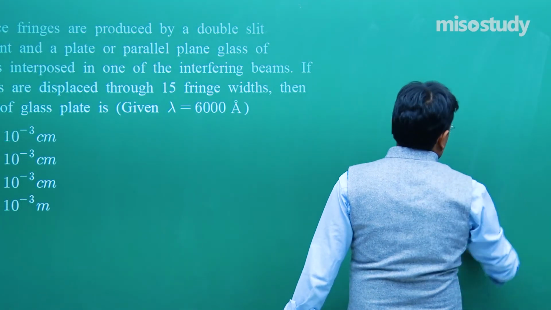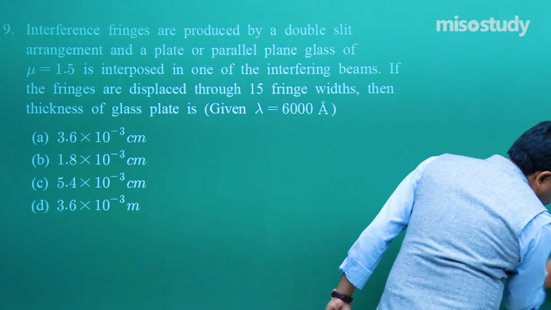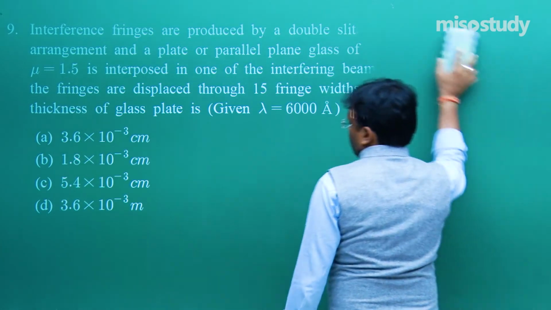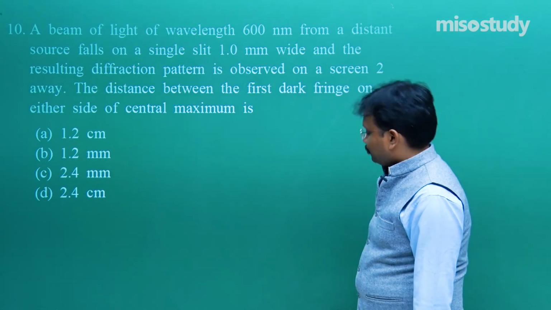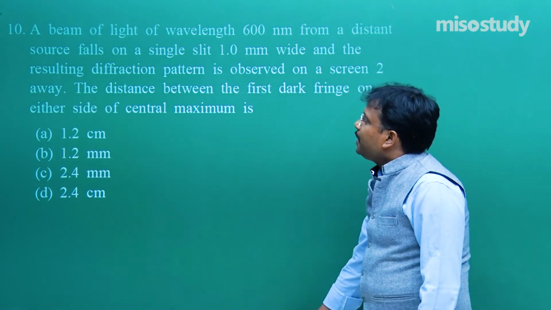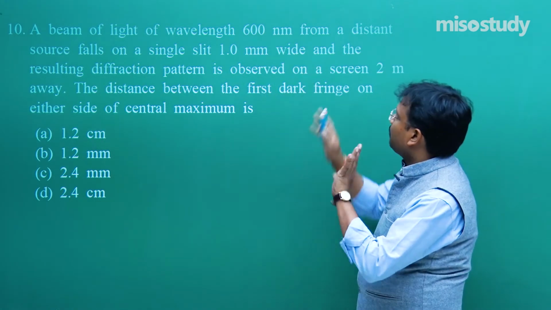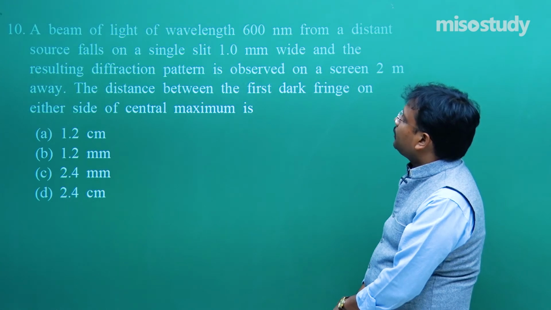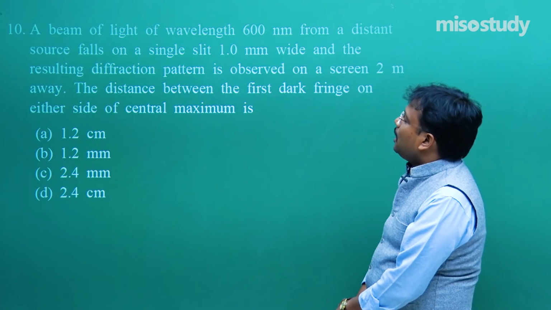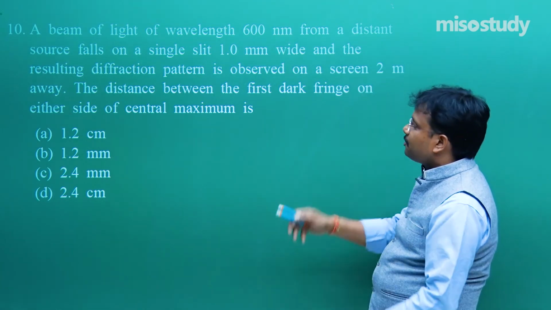Now, let us move to the next problem. A beam of light of wavelength lambda, for the time being just read the problem like this, from a distant source falls on a single slit 1 mm wide and the resulting diffraction pattern is observed on a screen some distance away.